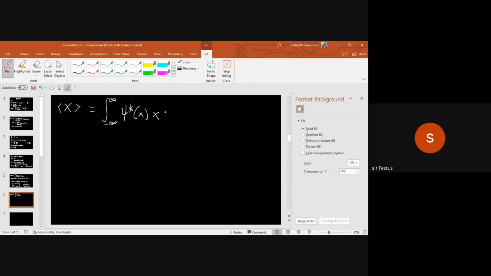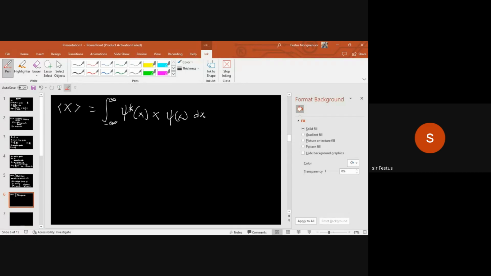Then you will now have the real part of the function, in terms of x, then dx. Okay, so we can write this one as that.